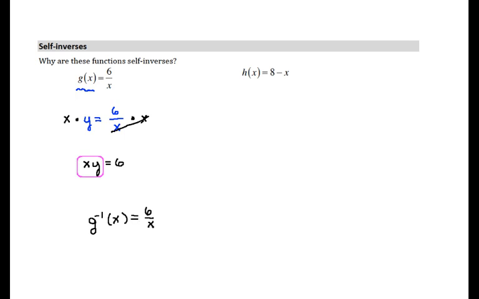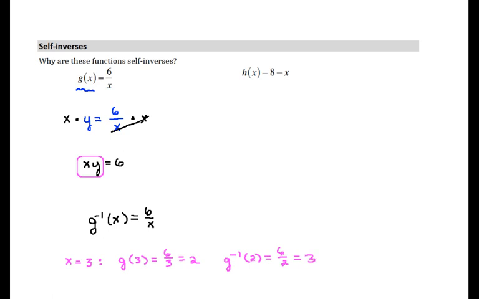And let's try it out. Let's just come up with a number, maybe a number that divides evenly, just to make it simple, like say x equals 3, just for example. g of 3 is equal to 6 over 3, which is 2, and then g inverse of 2 is equal to 6 over 2, which is 3, right?